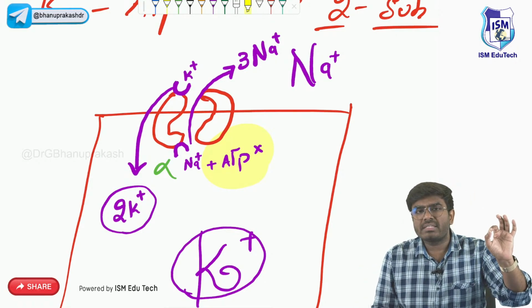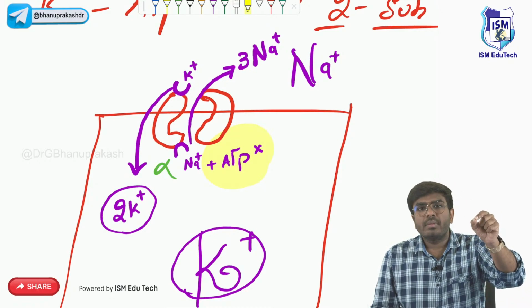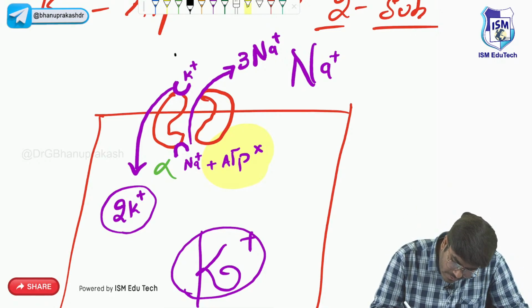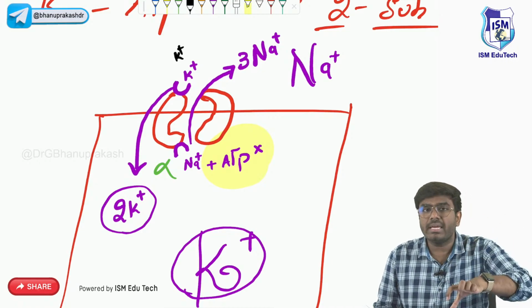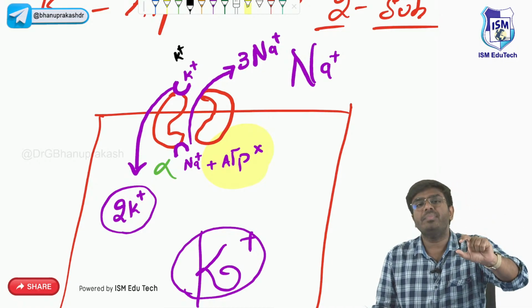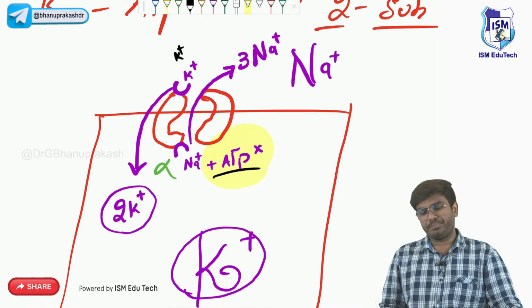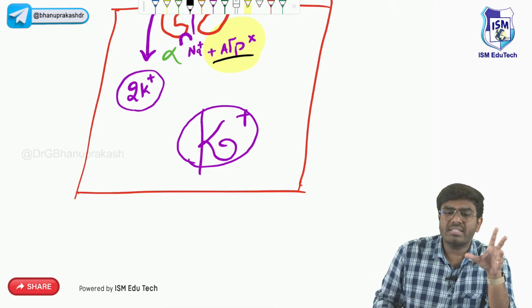In a single line we can say potassium is moving from low concentration to high concentration. Outside, potassium is less, but inside potassium is more. But still, by using ATP, potassium is moving from low concentration to high concentration. That's why you need to use ATP. Okay. Now, the second MCQ that can come in your exam is, what is the coupling ratio?